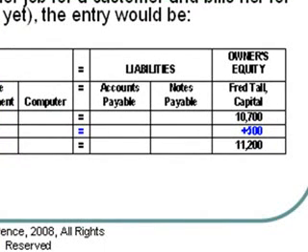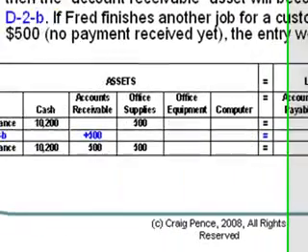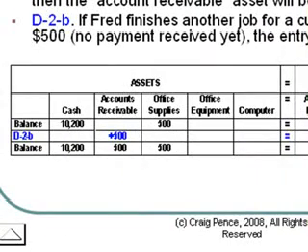In order to record the revenue, we'll have to increase owner equity by the $500, but then we can't increase cash since the cash hasn't been received yet. However, the customer will be billed and the customer will pay the $500 at some point in the future. We need to record an increase in assets along with this increase in owner equity when we record the revenue.